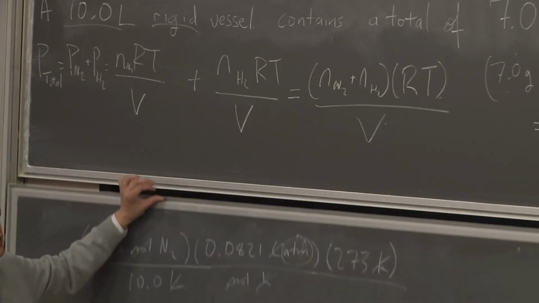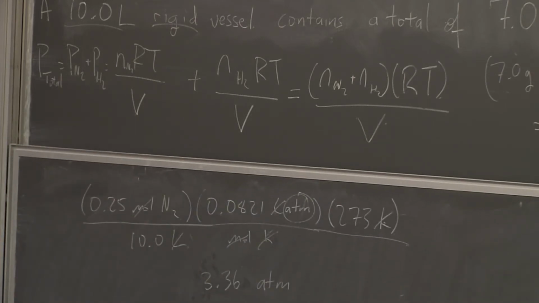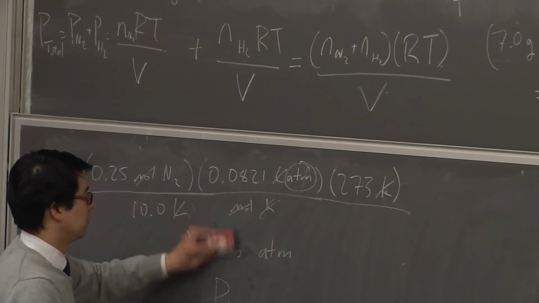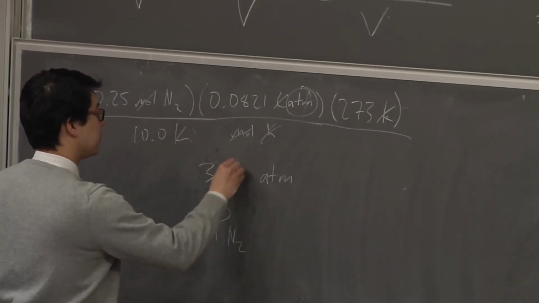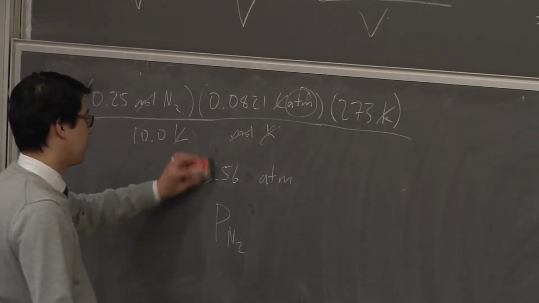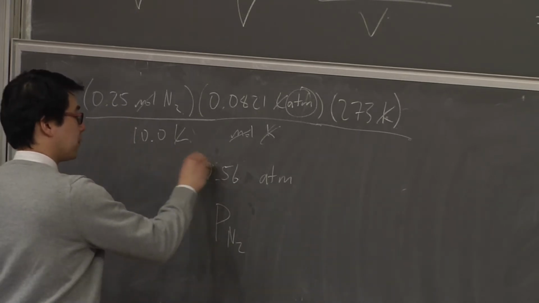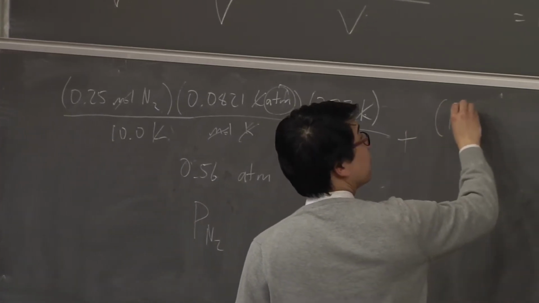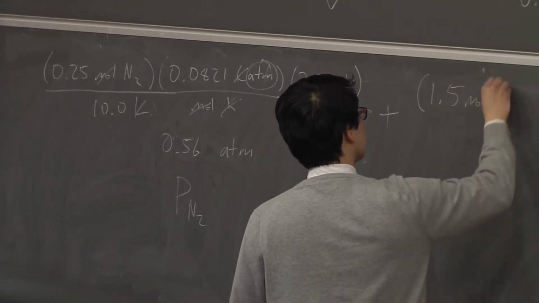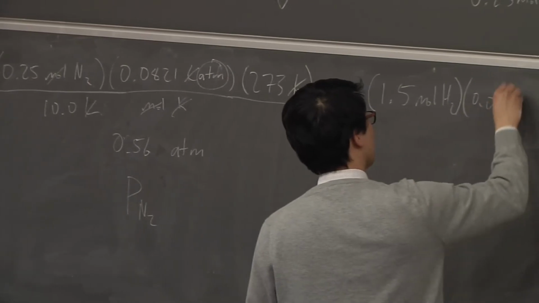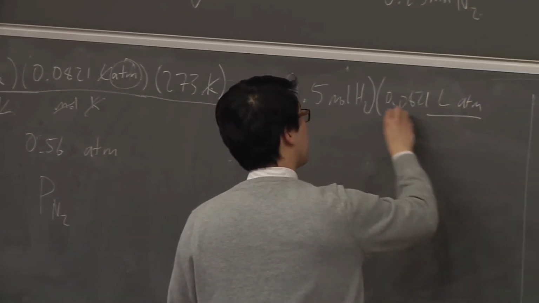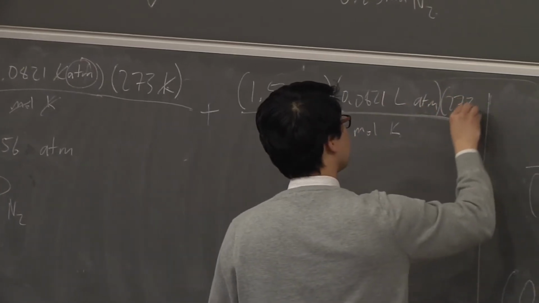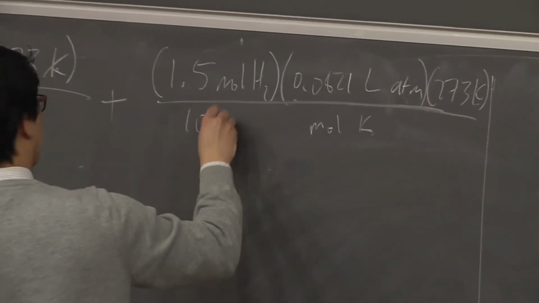But conceptually speaking, because we're doing one of these for the first time, this is 0.56 atmospheres for N2, plus 1.5 moles of H2 times 0.0821 liter atmospheres divided by mole Kelvin times 273 Kelvin all over 10.0 liters.